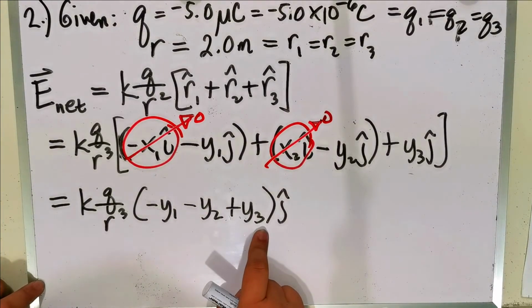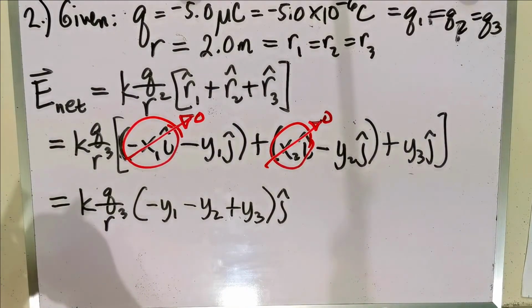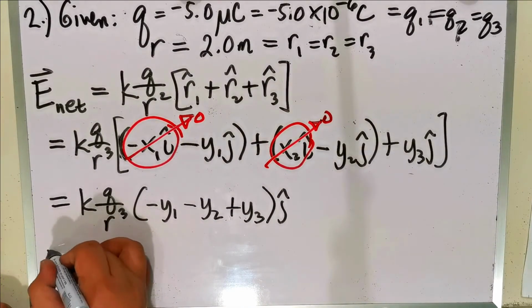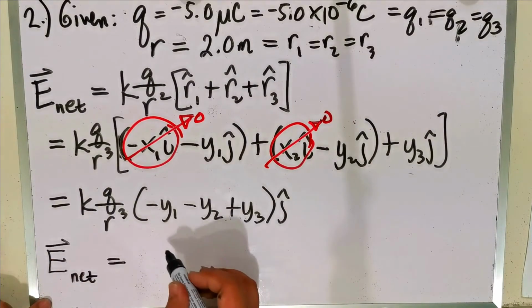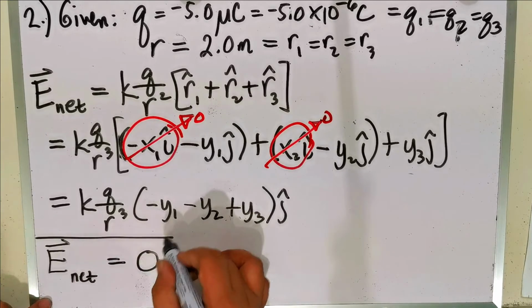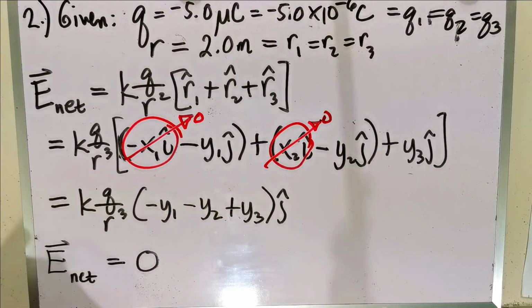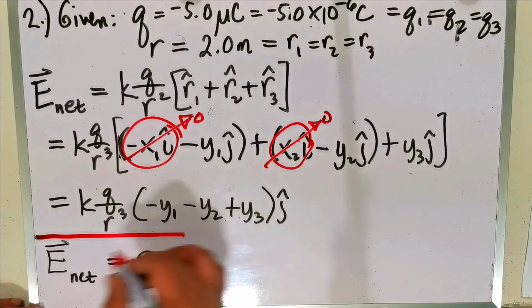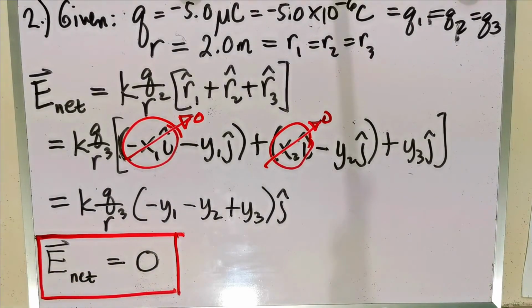Plus y3, which is positive 2, then the rest would be equal to 0. So, which means to say that the total electric field at the center of the circle is equal to 0. So, 0 ang combination or 0 ang effect, net effect sa electric field of these three charges at the same na position or at this origin of the circle.